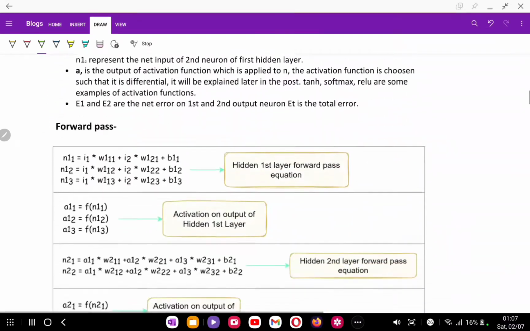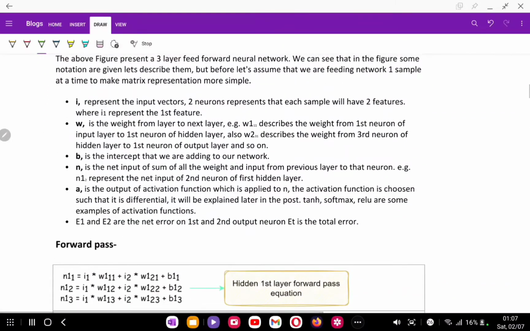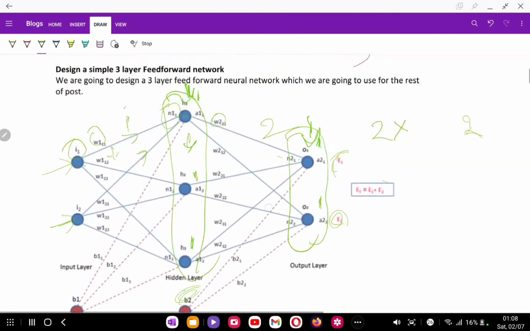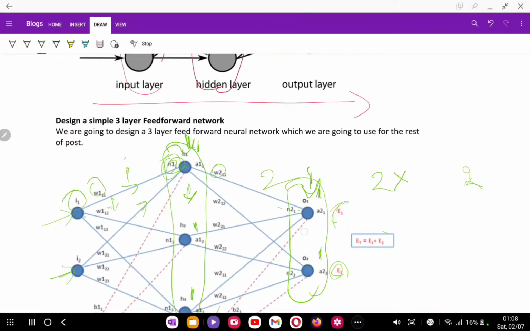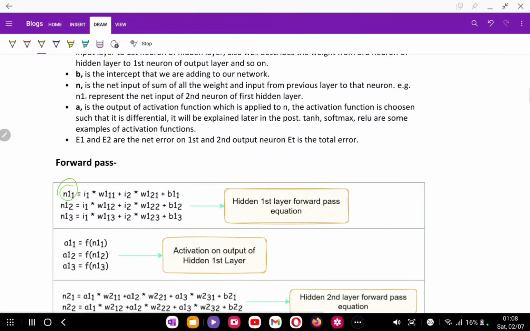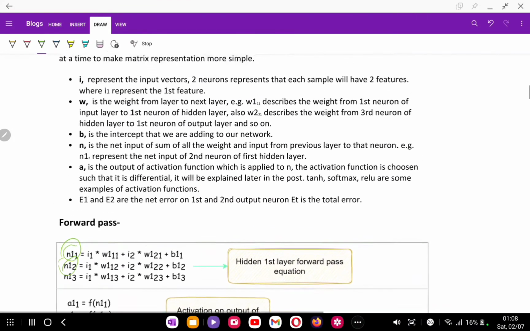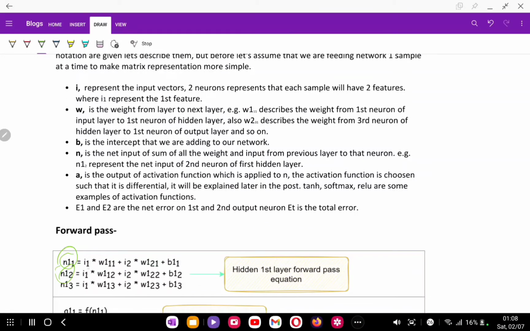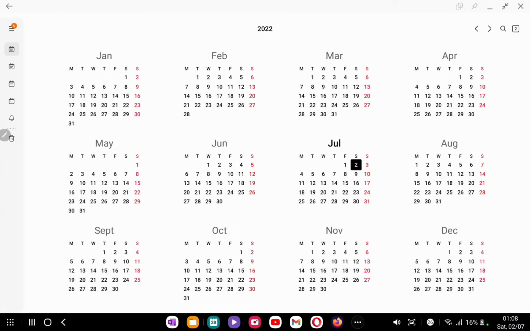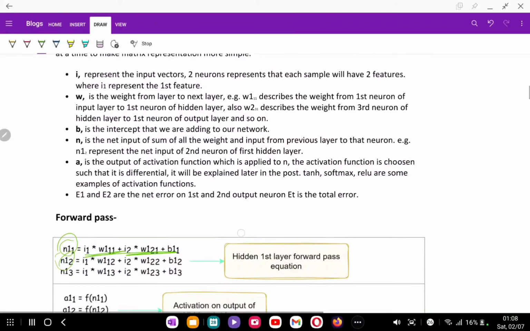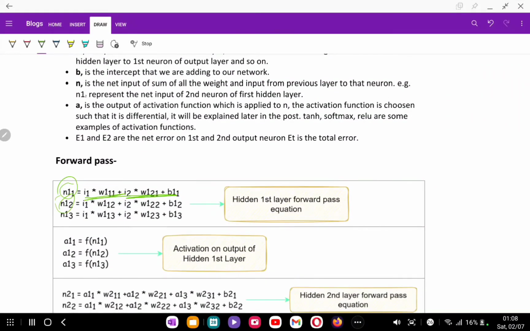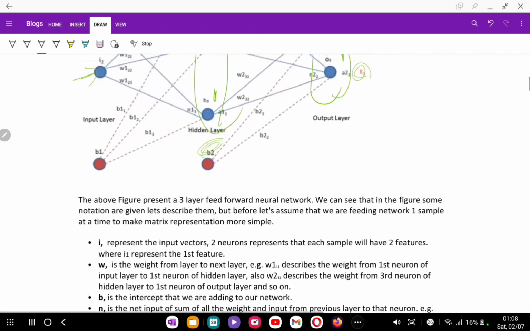Now this is our equation. N11 means this node, and similarly N12 means the second node. As you can see here, it is just multiplying the input of the first layer and the weight which is coming to it.